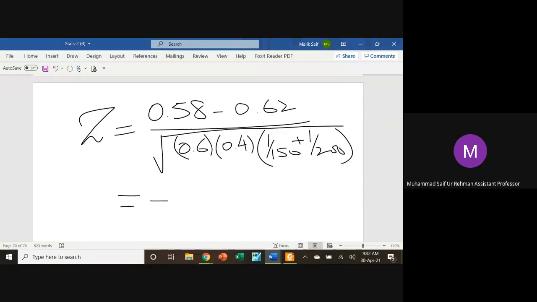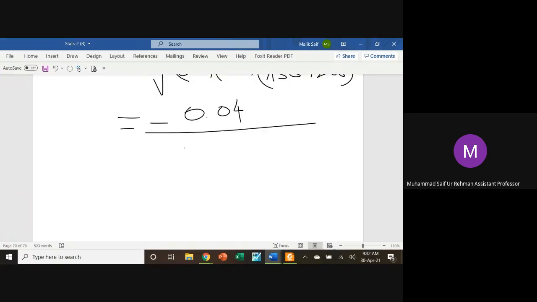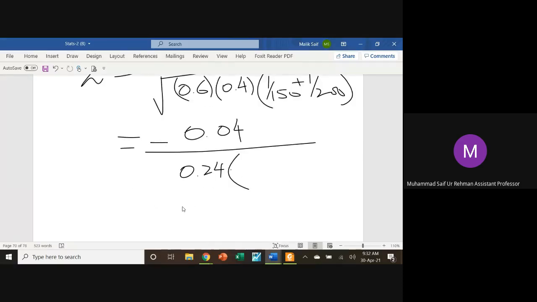0.58 minus 0.62. The answer is 0.04 divided by, first multiply these two terms, 0.6 multiplied by 0.4, 0.24, and then 1 divided by 150 plus 1 divided by 200.